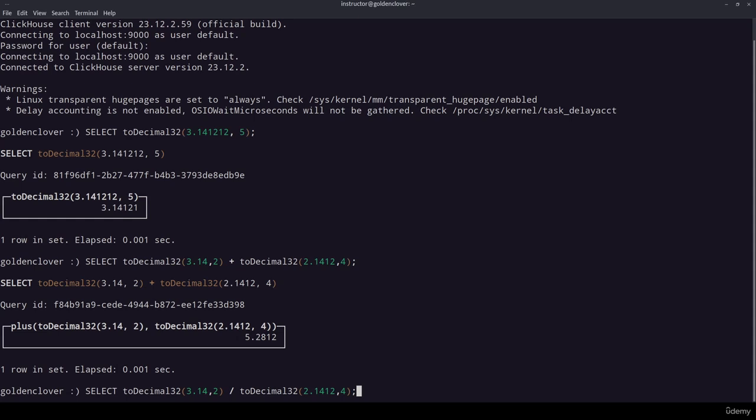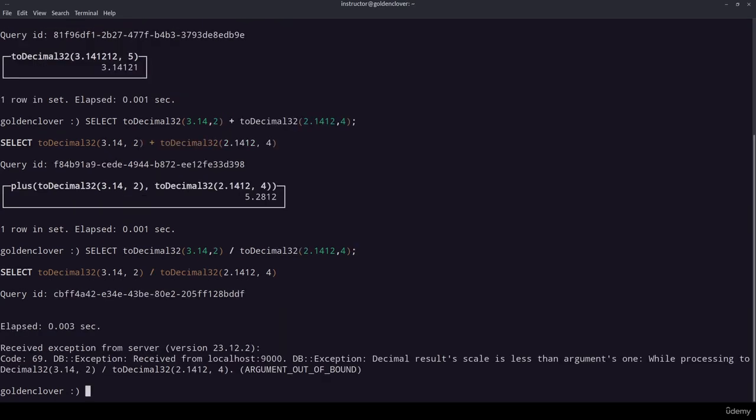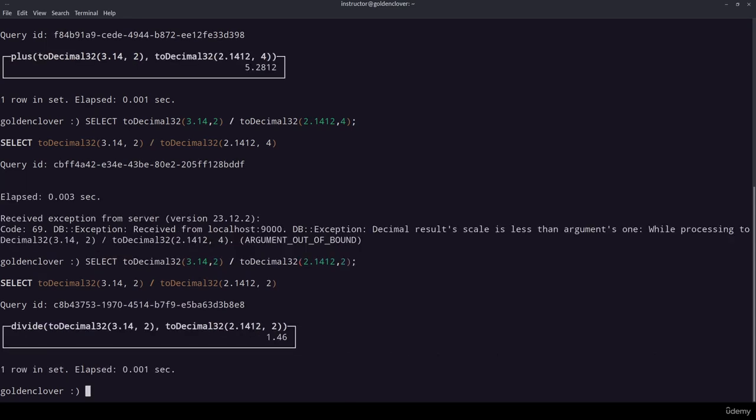Let us now look at an example that involves division of two decimal numbers. We can see that the least significant digits are discarded in the result and they are not rounded off.